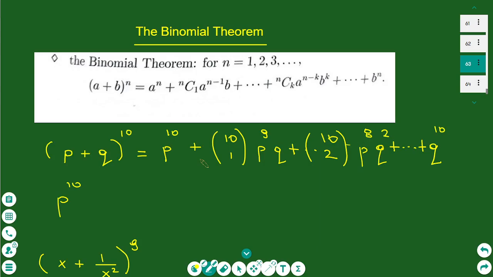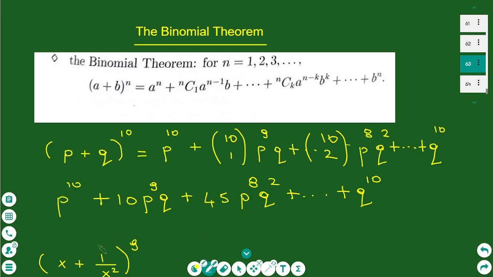So using the calculator, you press 10, shift, division, 1, and this gives you 10 times p to the power of 9 q plus 10 shift division 2 gives us a value of 45 p to the power of 8 q squared. In the same way, I follow this formula and then I write the terms. And this is the expansion.